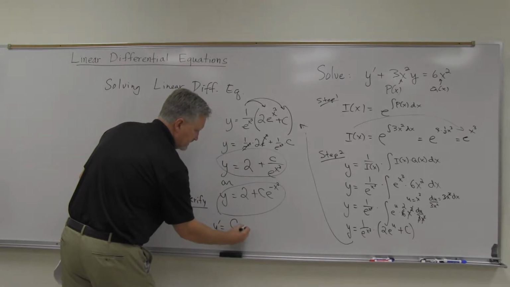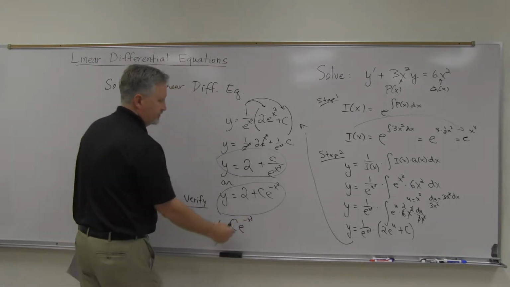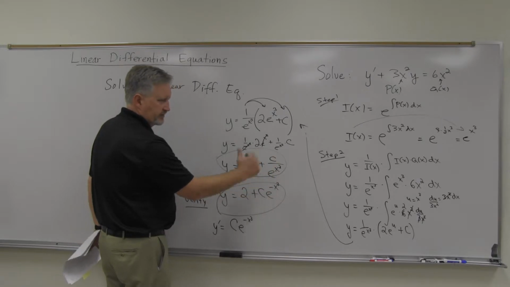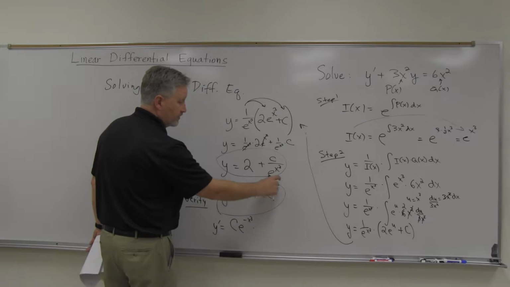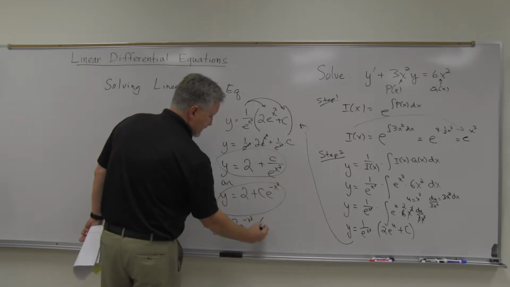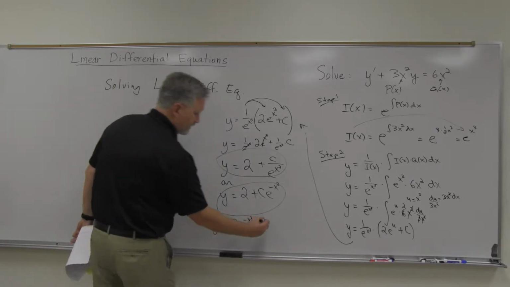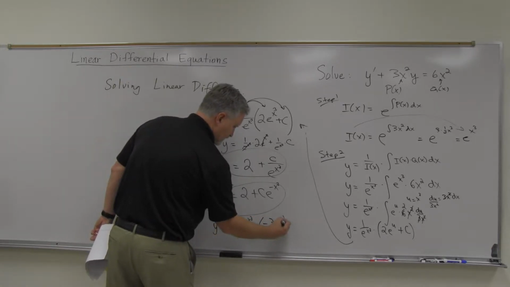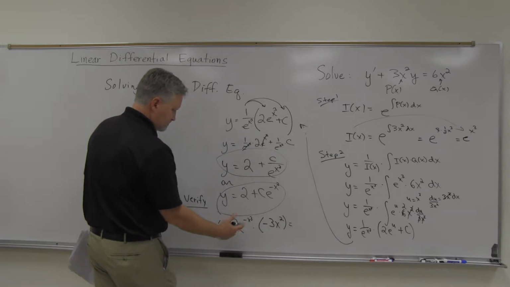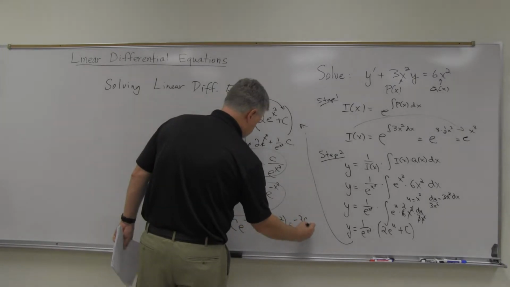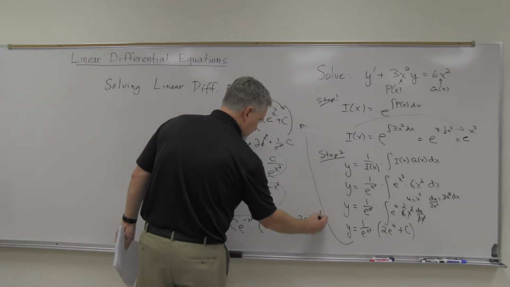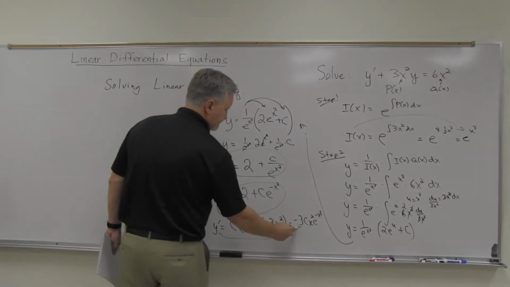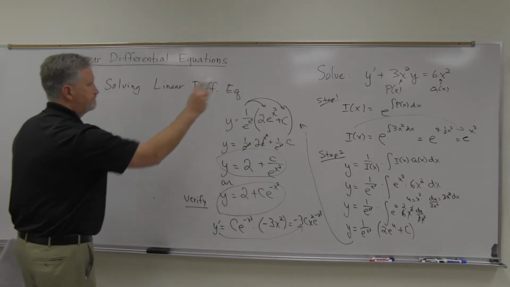It'd be c e to the minus x cubed, e to the power for derivative, times, by chain rule, the power derivative, so that would be minus 3x squared. Just minus 3c x squared e to the minus x cubed, something like that. That's my derivative. So let's plug that in.